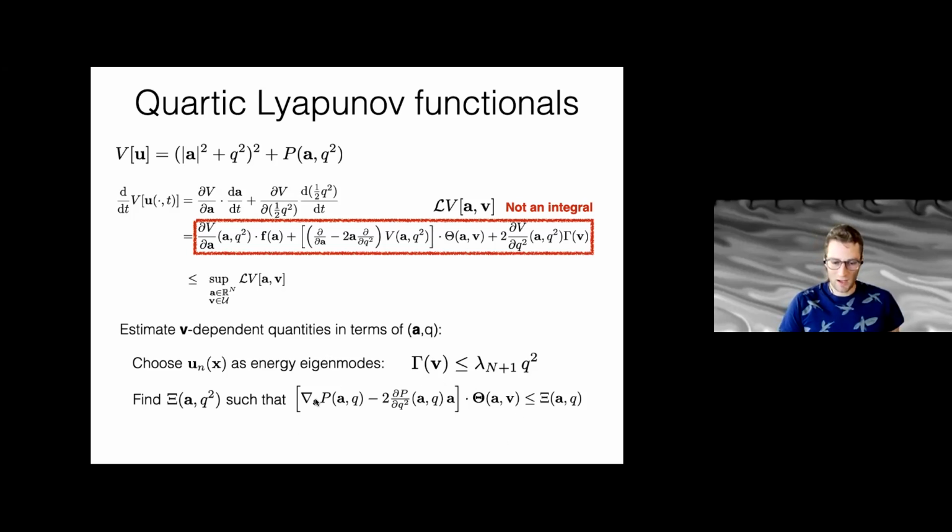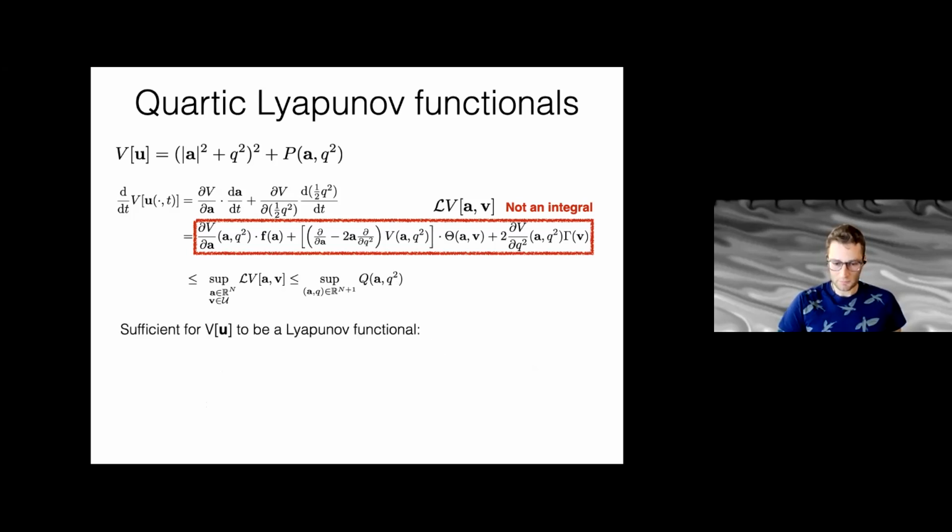So what I've now done using these pieces is I've ended up with a polynomial expression Q, which I can consider now as a function on just R^(n+1) because it does not depend on the tail, just the energy of the tail, right? So a sufficient condition for the time derivative of V to be less than or equal to 0 is for this supremum of this polynomial expression to be less than or equal to 0.